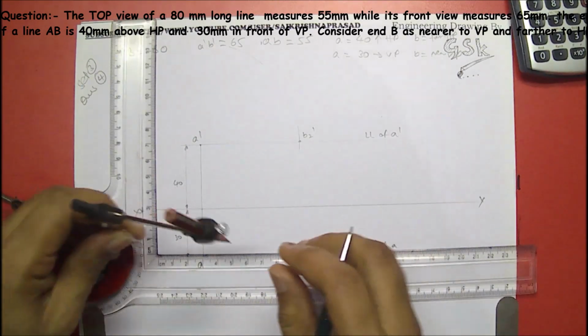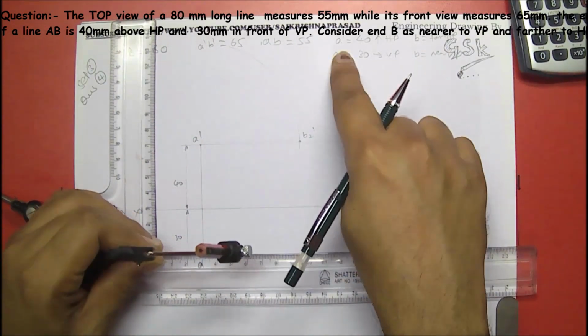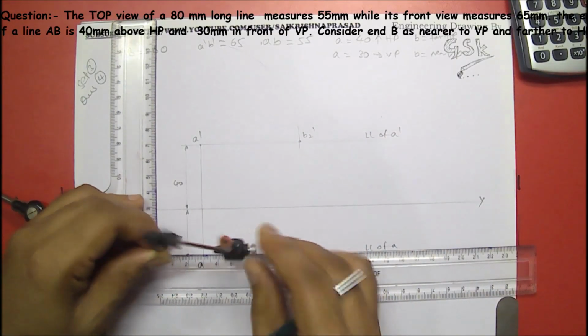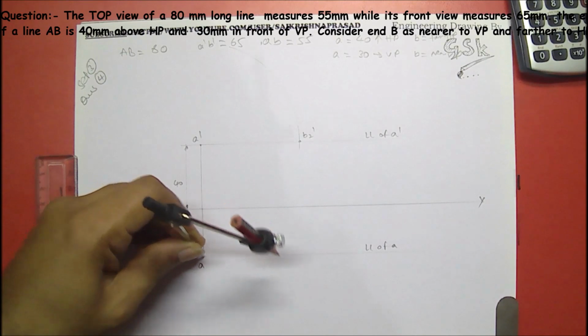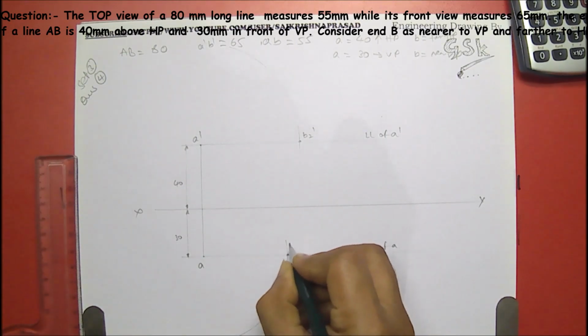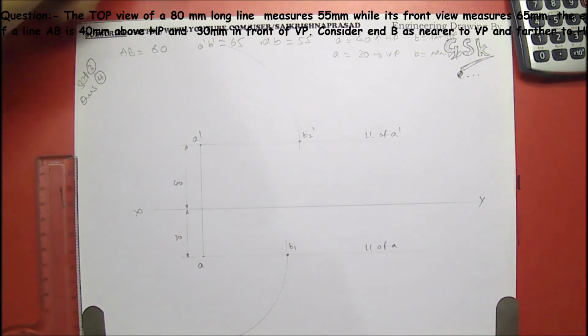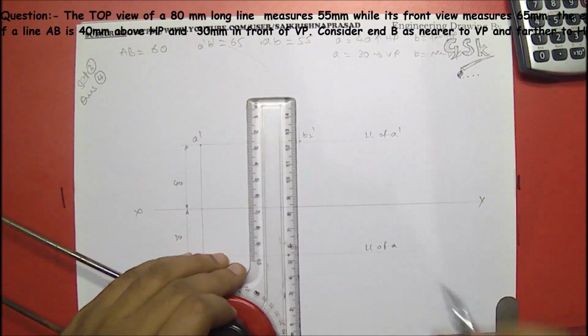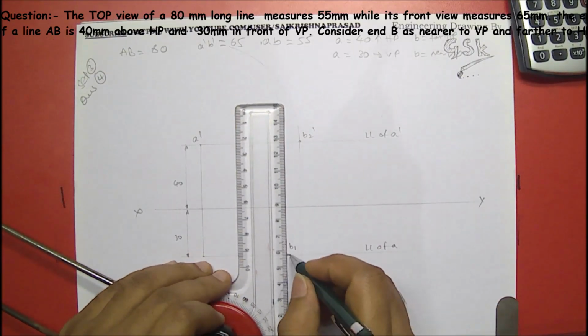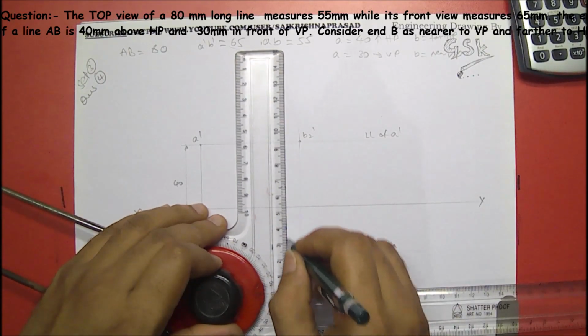And let's measure the top view also, that is 55. This point would be B1, right? So just draw the perpendicular from B2 dash down and B1 up.